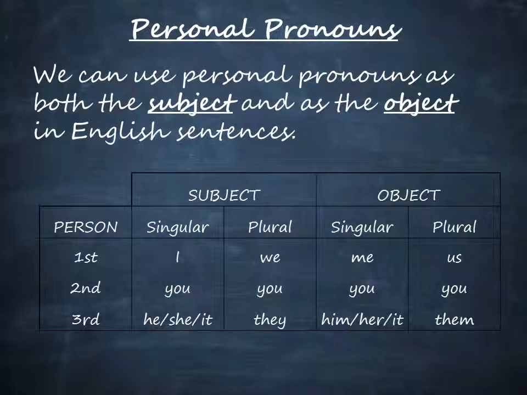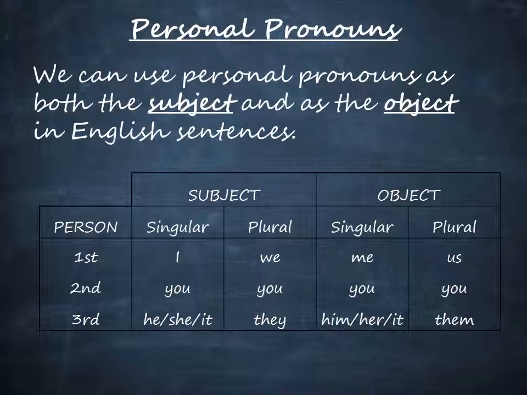Now the object pronouns are very similar, and these are the ones that come after the verb. The subject pronouns are the person or thing which is performing the verb in a broad sense. The object pronouns are the ones that are, simply put, having the verb done to them.